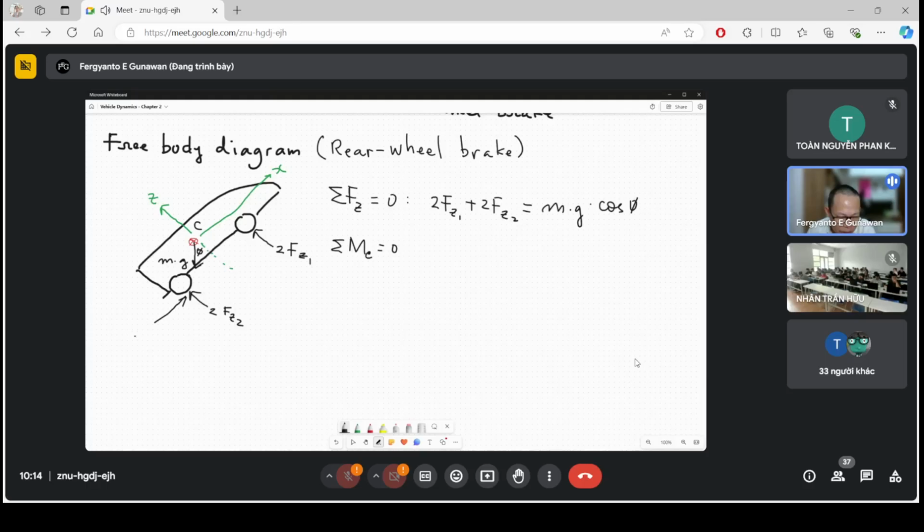So the rear wheel has 2 of Fx2. This is the braking force at the rear wheel.